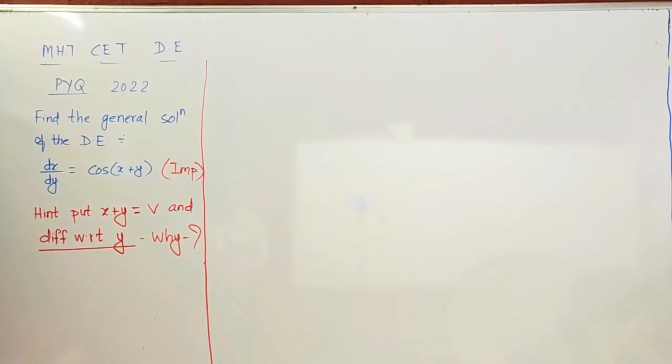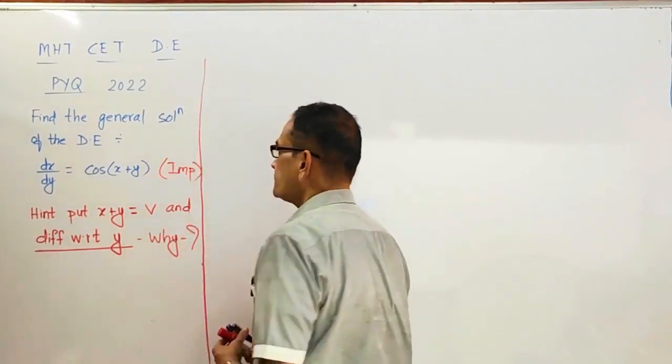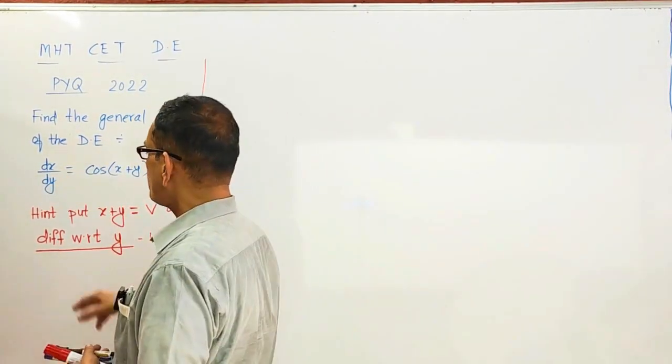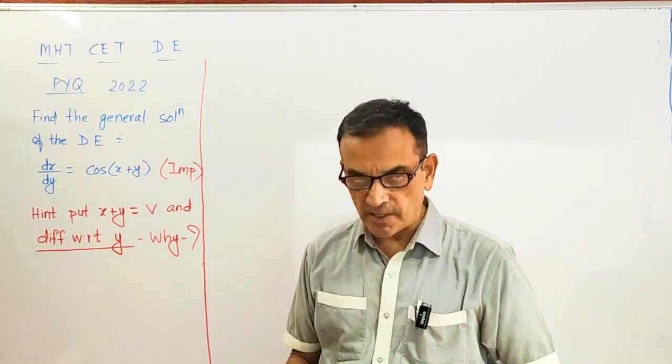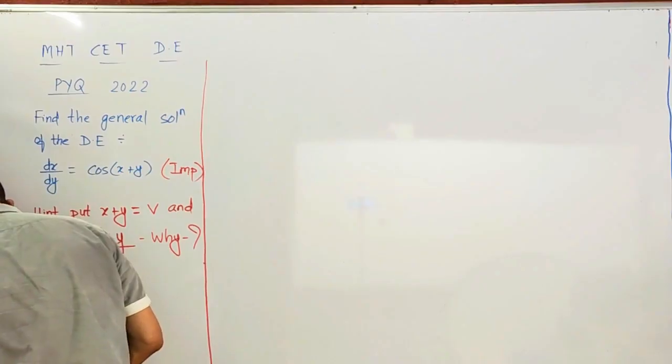Okay. Let us go to one more sum. This is PYQ 2022. Find the general solution of the DE. Again the solution is asked. dx by dy is equal to cos of x plus y. So let us see how to go about it.